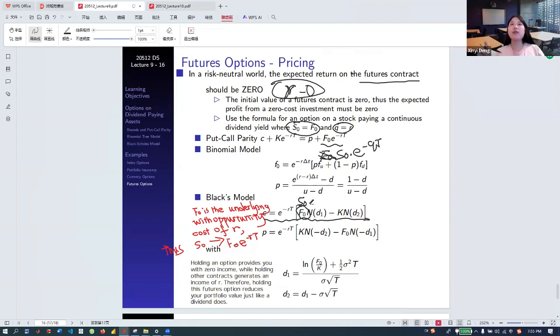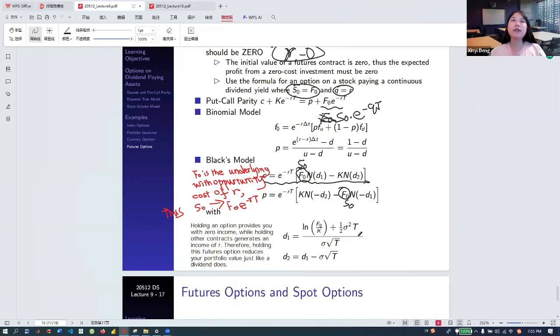That was S0 for the general formula. And the same happens with the put option. This was S0. Then onto the D1 and D2 calculation.